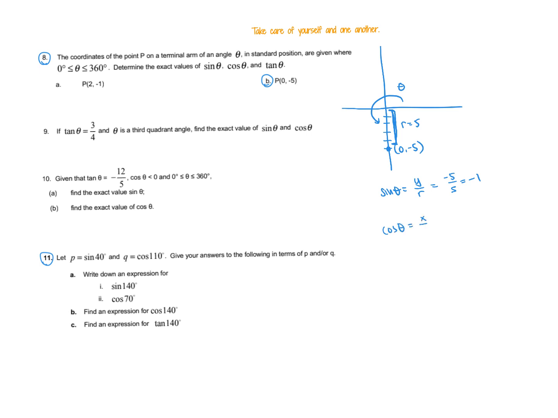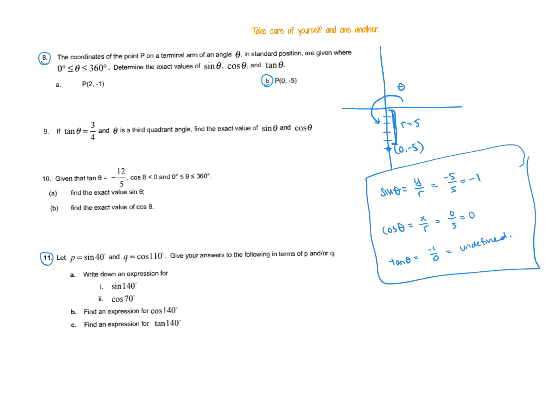Cosine of theta is x over the radius. X is 0 over 5, which is 0. And then tangent is basically sine over cosine, so -1 over 0. Tangent would be undefined.